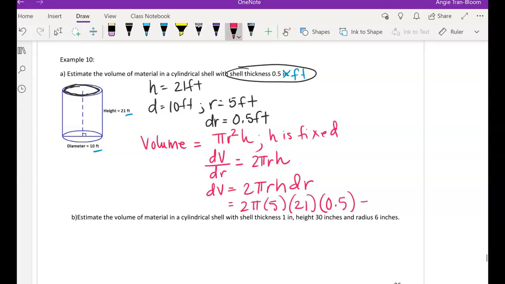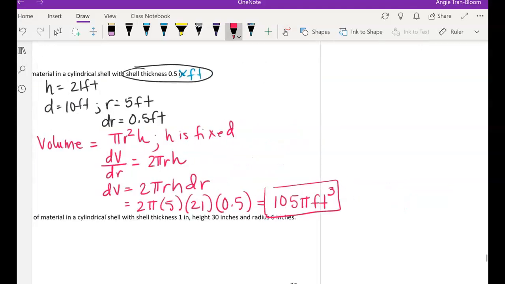If you don't have a calculator, I will always take the exact answer, which is 105 pi cubic feet, okay? Now, if you have a calculator and you want to punch that out, I'm okay with that too. It's 329.9 cubic feet. So I will accept either answer.